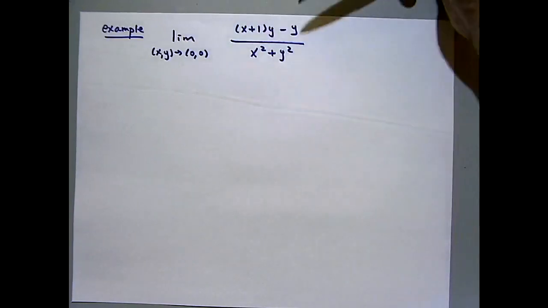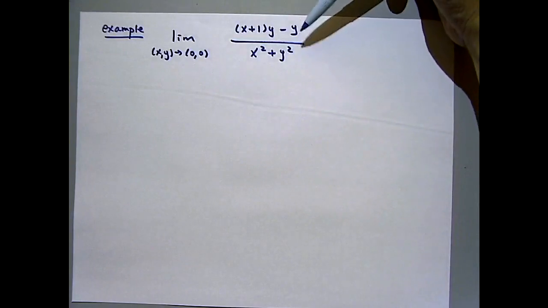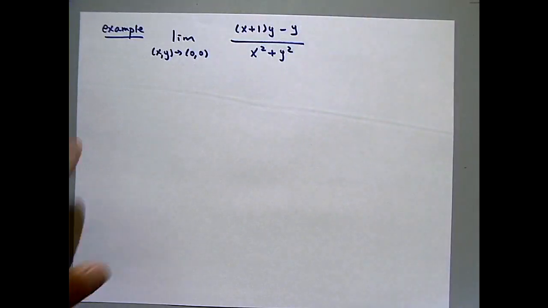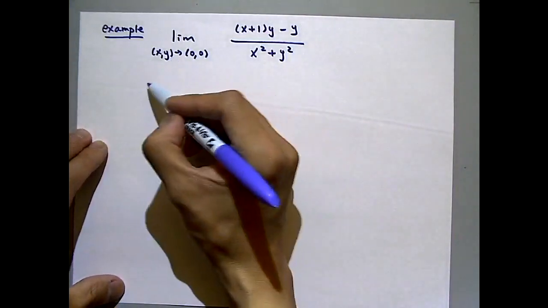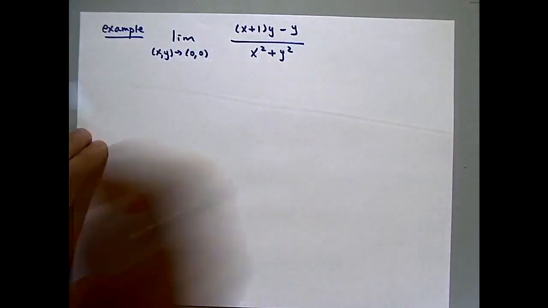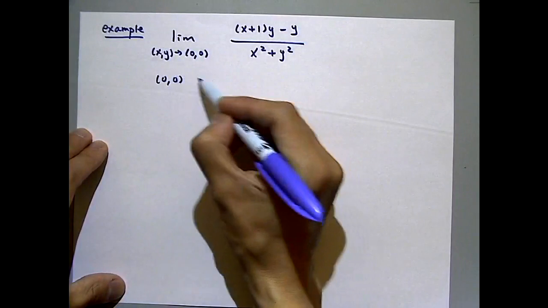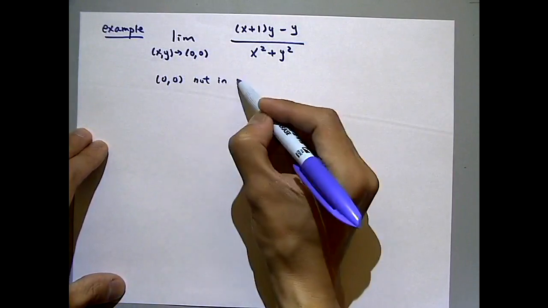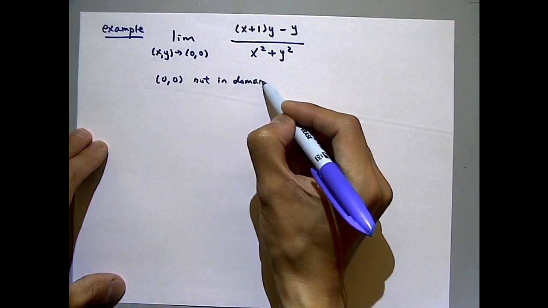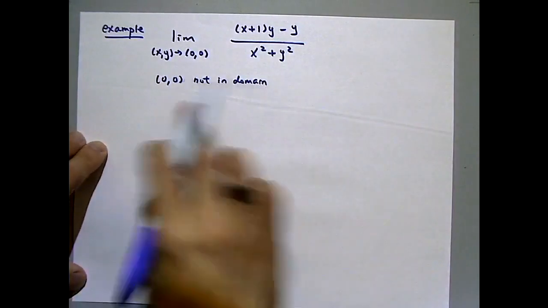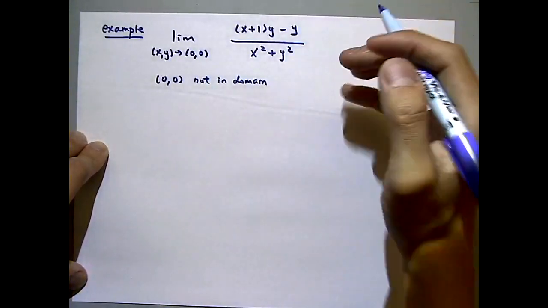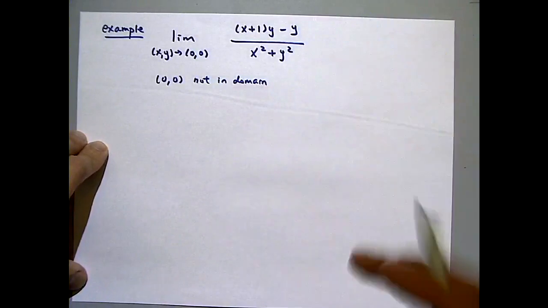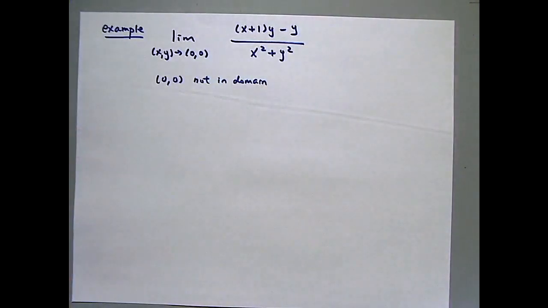Obviously, 0, 0 is not in the domain of that function, right? So we'll follow the same procedure here. First of all, 0, 0 is not in the domain, and if you plug in 0, 0 directly, you get 0 over 0. You know from earlier calculus class that means anything is possible.